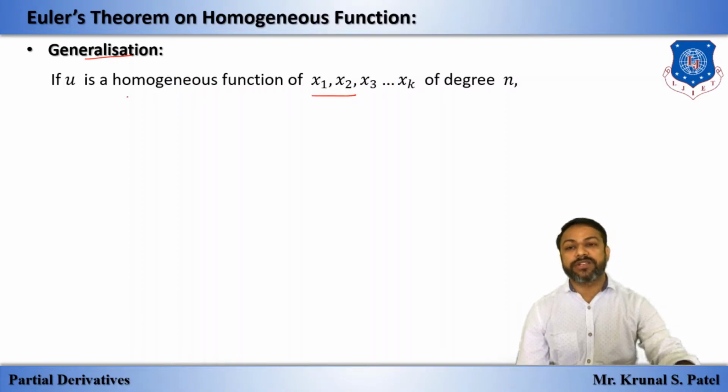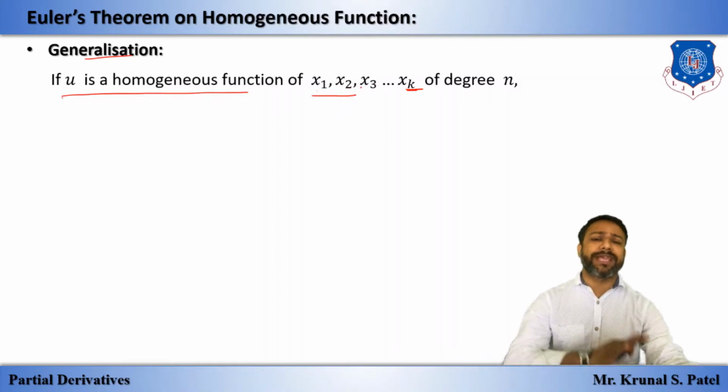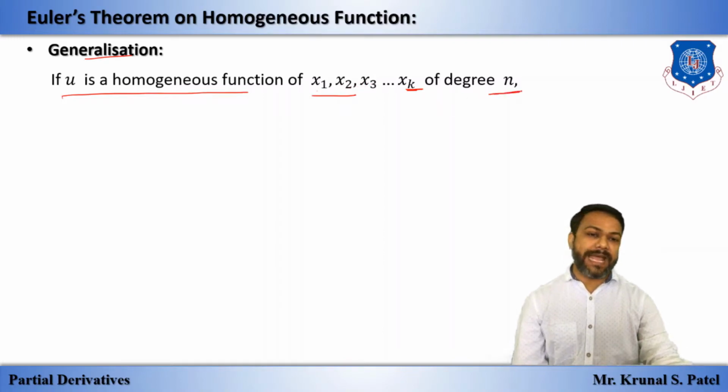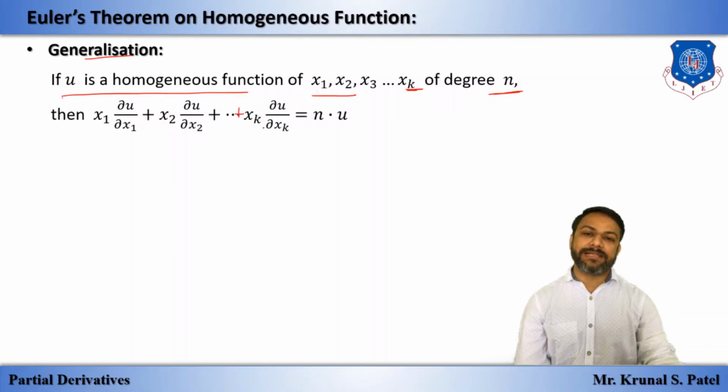That means if u is a homogeneous function of k variables, x1, x2, x3, x4 up to xk, of degree n, then we can apply Euler's theorem: x1 del u by del x1 plus x2 del u by del x2 plus x3 del u by del x3 and so on up to xk del u by del xk is equal to n into u.